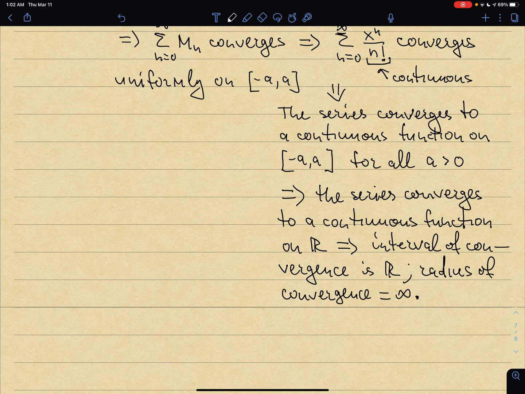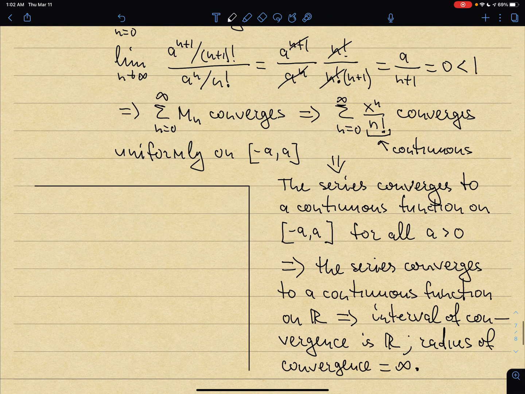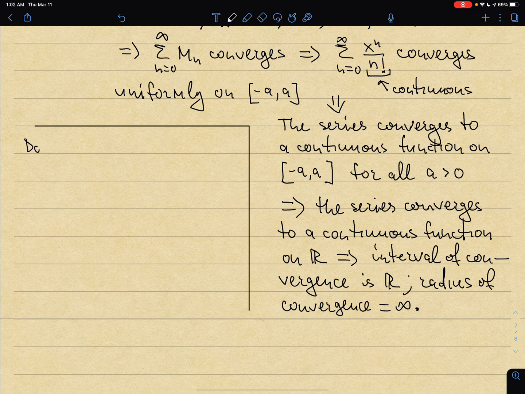And one additional question. And that is, does my series from 0 to infinity of x to the n over n factorial converge uniformly on the entire real line?